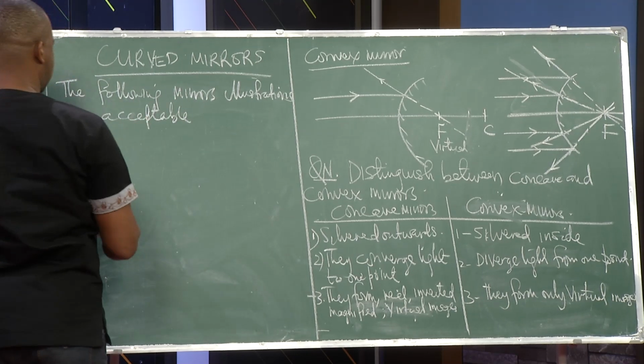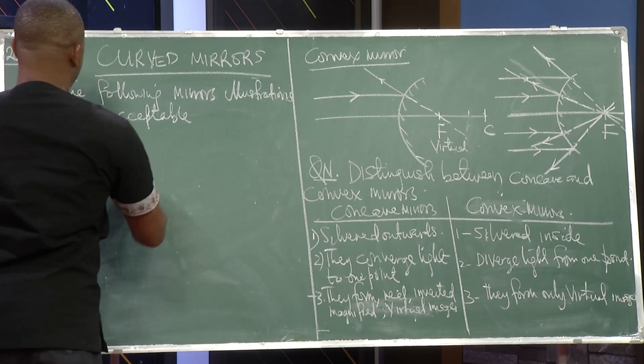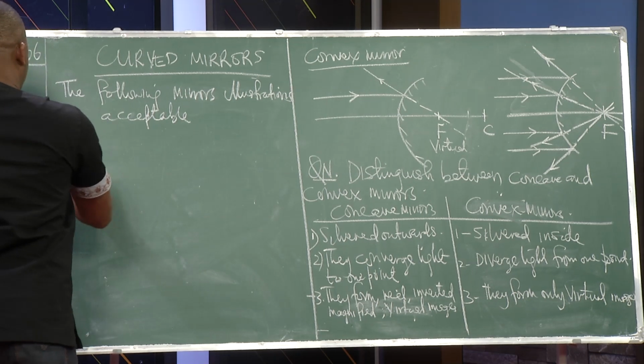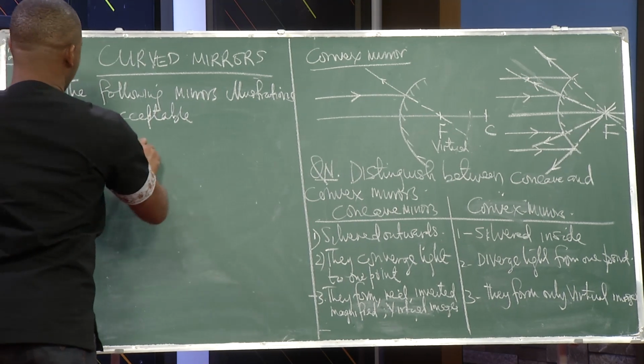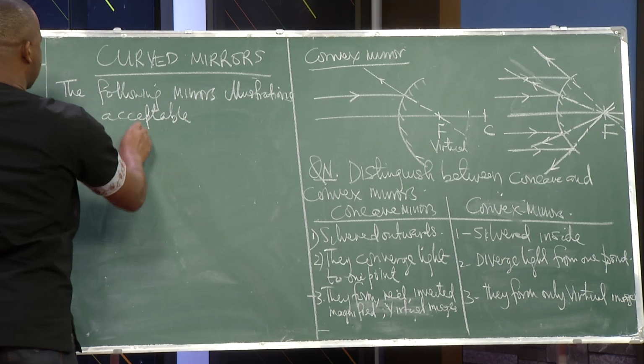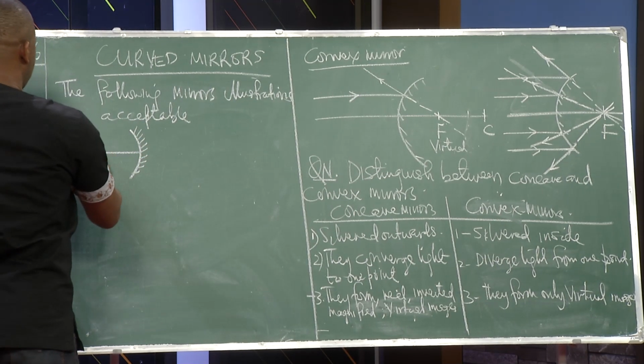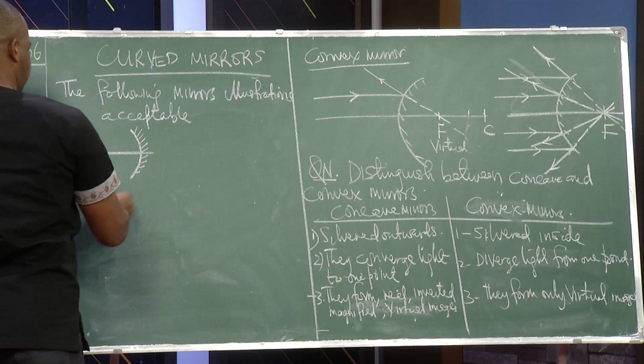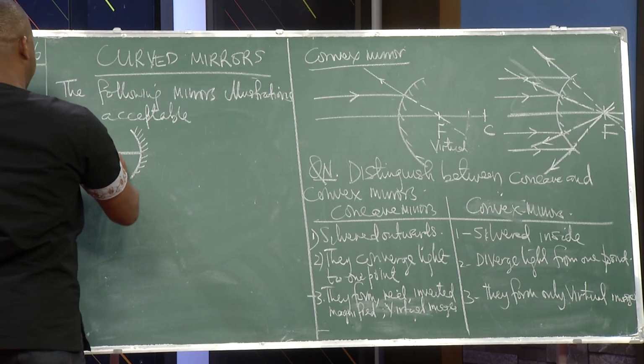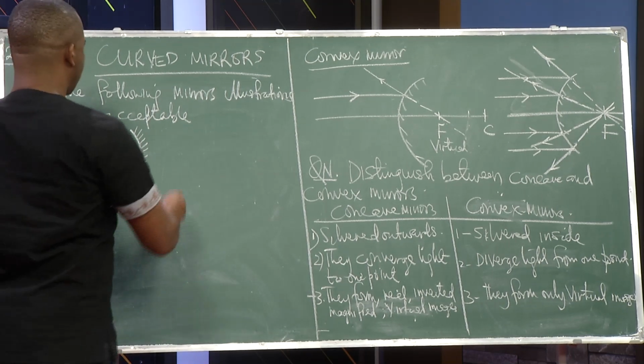The following are acceptable. For a concave mirror, as candidates we are allowed to draw the mirror like this, assuming this is our principal axis, and we have maybe the points as I've so far indicated.